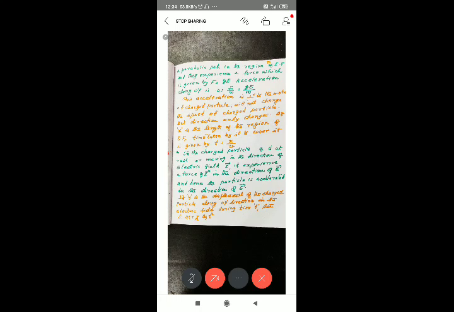If x is the length of the region of the electric field, the time taken to cover it is given by time equal to x by v, with uniform velocity.